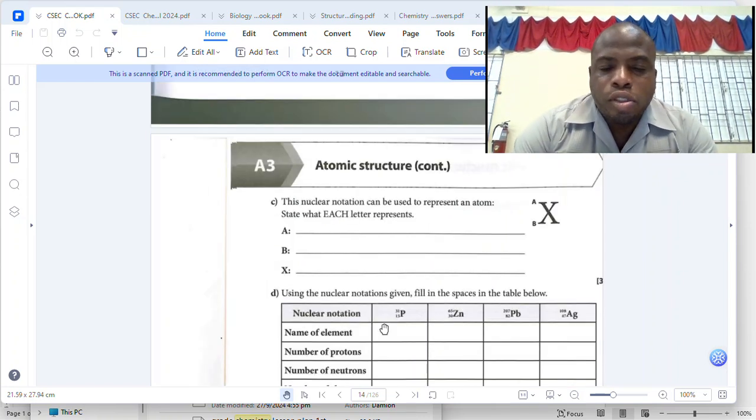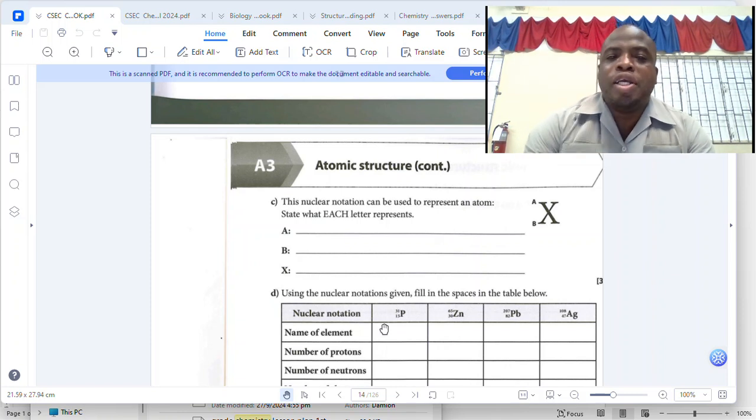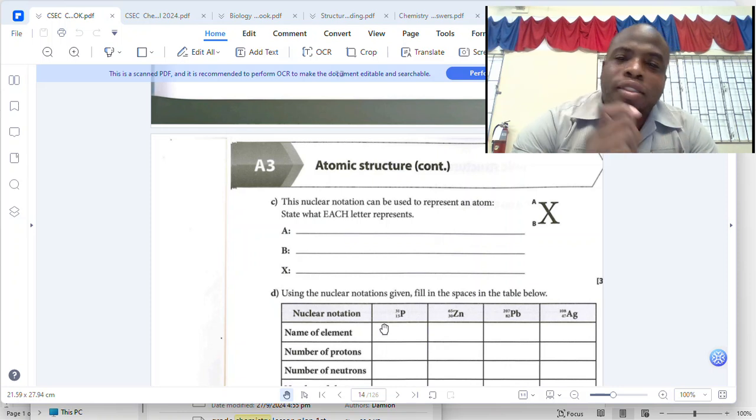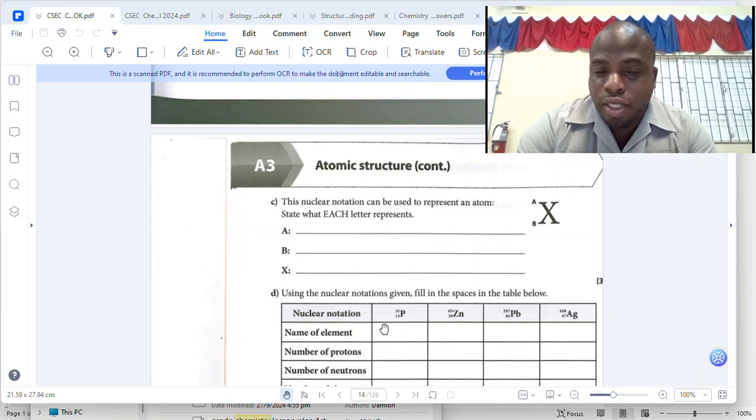Now, in some literature, some books, you may see elements and the information for the elements represented differently. But learn this for your CXC: once you're being asked a question, the nuclear notation can be used to represent the atom.